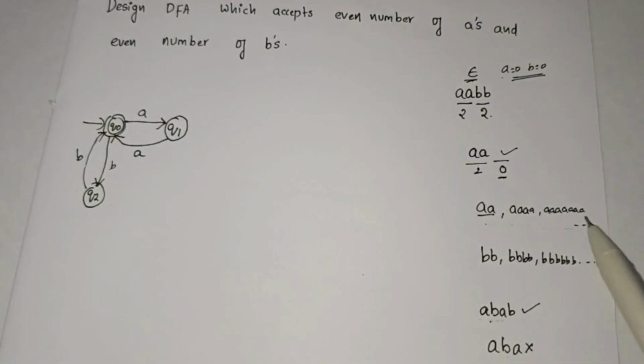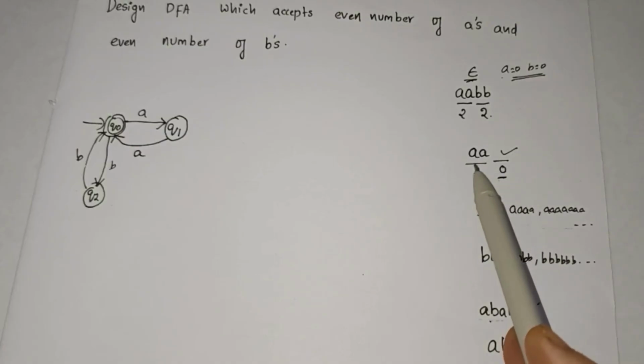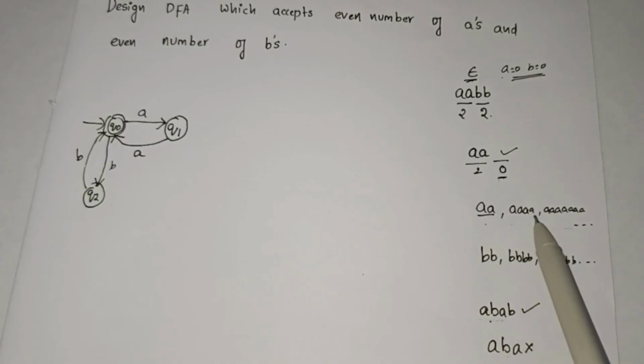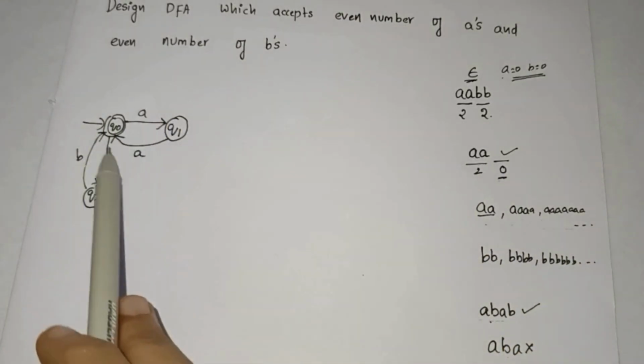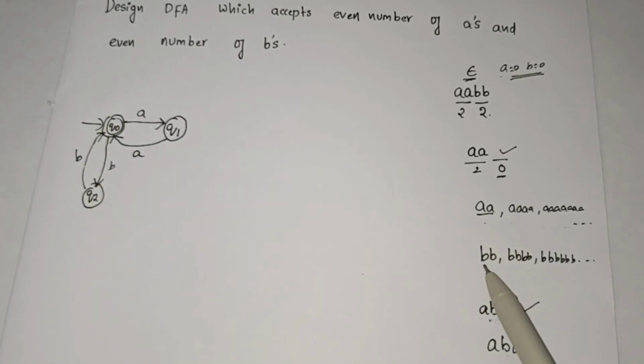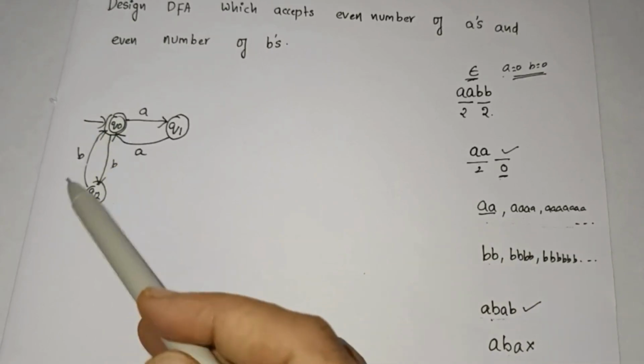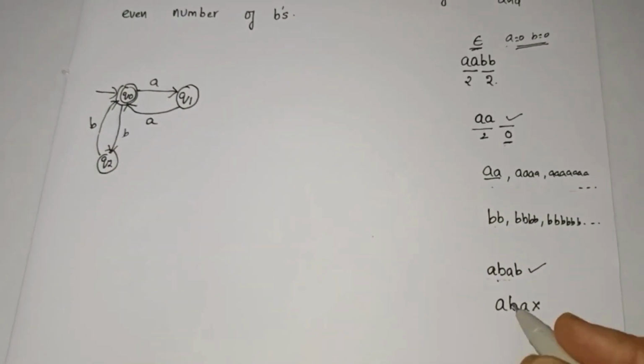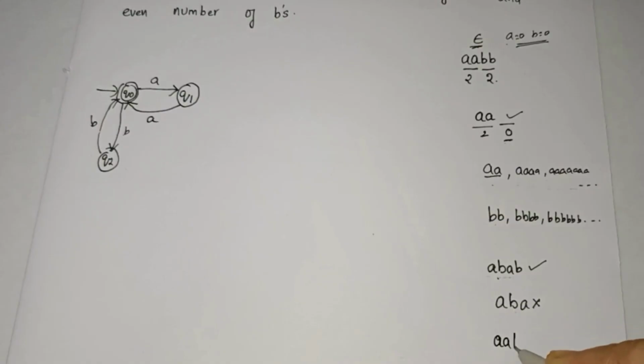Epsilon is accepted. Now when B is 0 and A is 2, 4, 6, 8 like that, then this can be drawn. When A is 0, B will be 2, 4, 6, 8. In that case, only B's are accepted. Okay, when A's are 2, B's are 4.